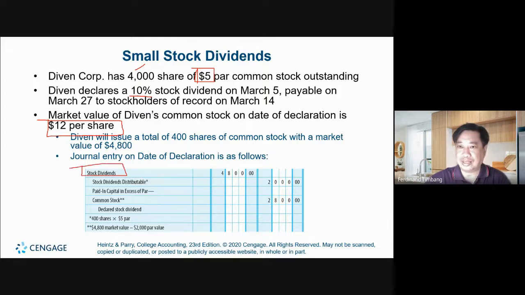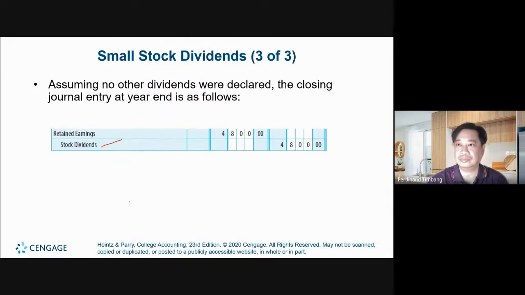Instead of using the market value of 12, you will use only the $5. So that's it. You won't have any paid-in capital coming out of it because you're using the par value or the stated value. So again, you won't have any paid-in capital for a large stock dividend.